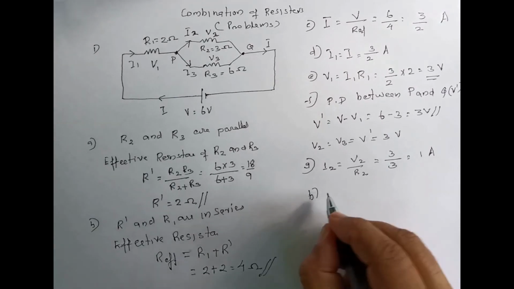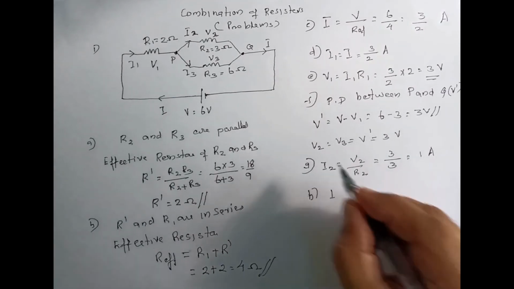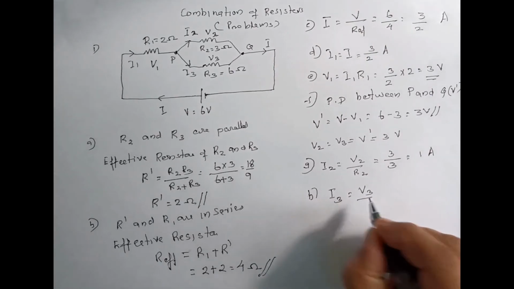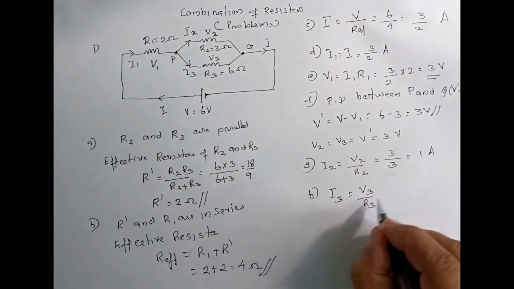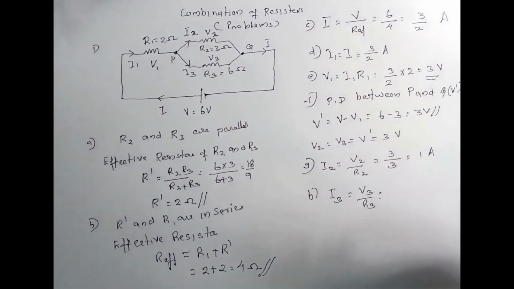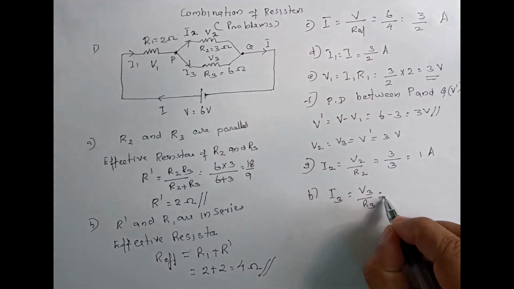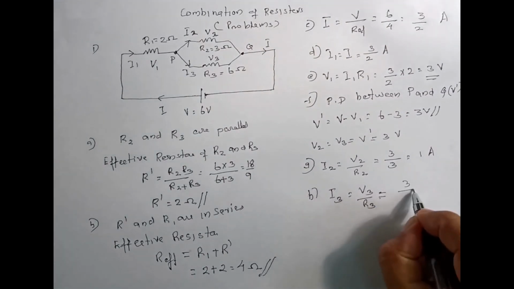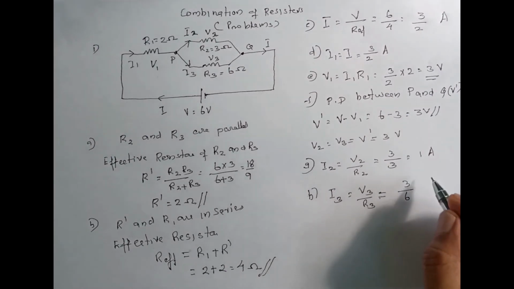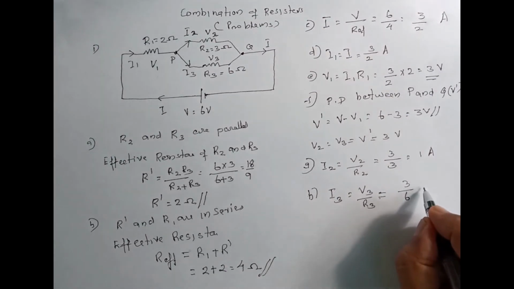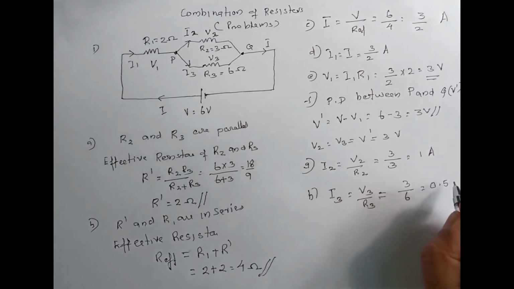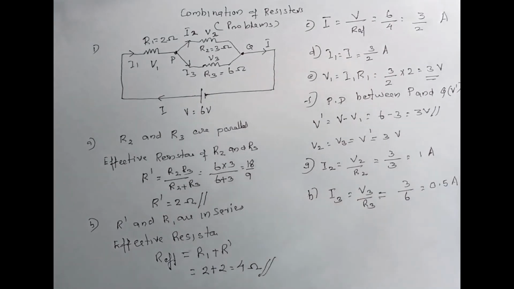I3 is equal to V3 upon R3. What is V3? V3 is the same as V2, that is 3 volt, and what is R3 value? 6. That is equal to 3 upon 6, that is equal to 0.5 amp.